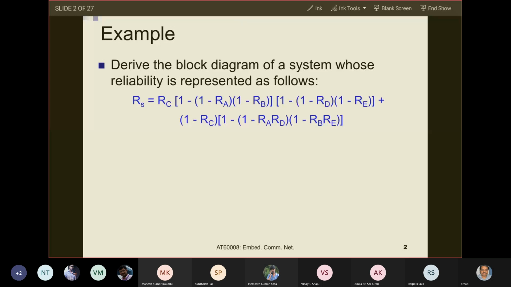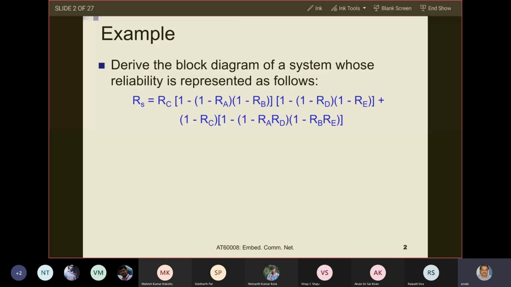Suppose that you are in a company and your manager lost a system diagram, and only what remains is this equation of the effective reliability.